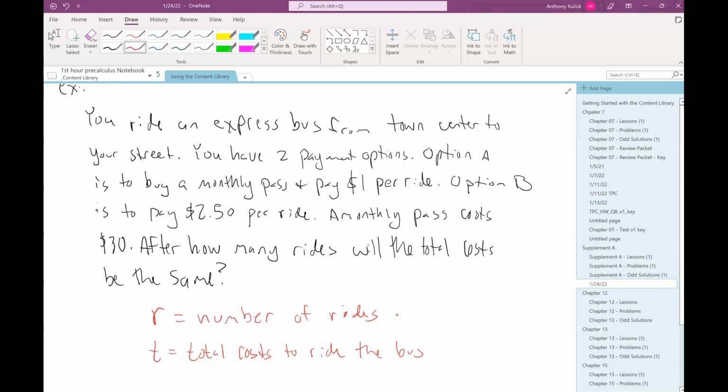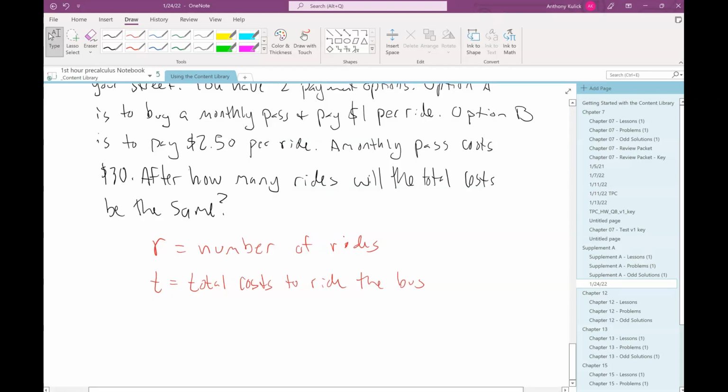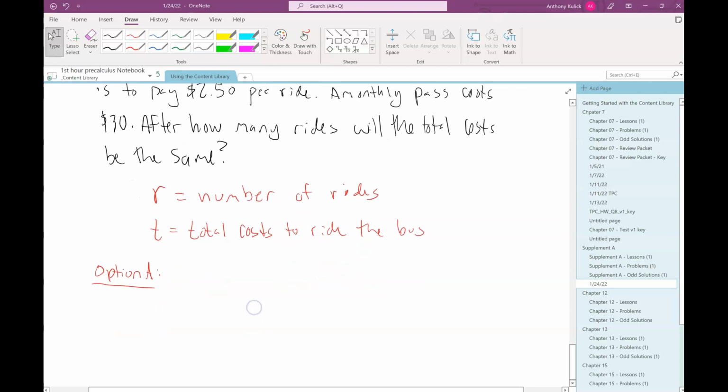Right? Okay. Now I'm going to write an equation. Not surprisingly, I'm going to have one equation for option A and one equation for option B. Everybody's okay with that idea, I hope, right? Seemed clear that the two equations are going to come from option A and option B. Okay, so option A, again, what does option A say?